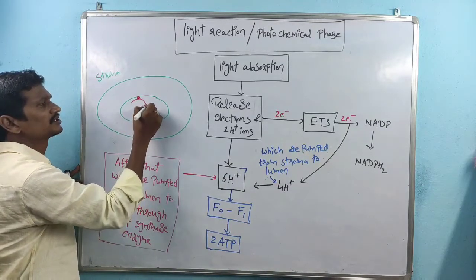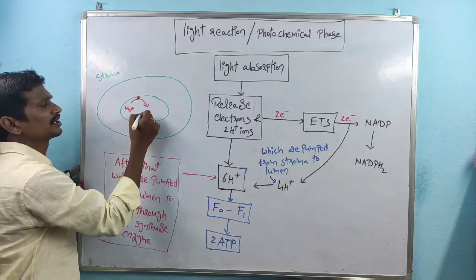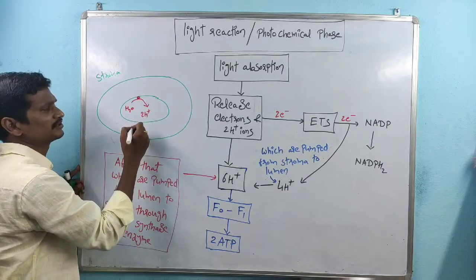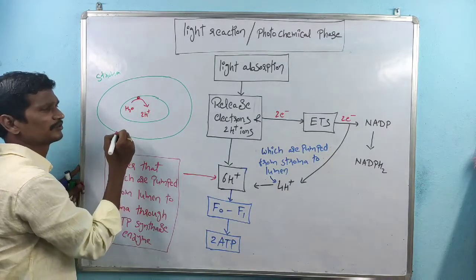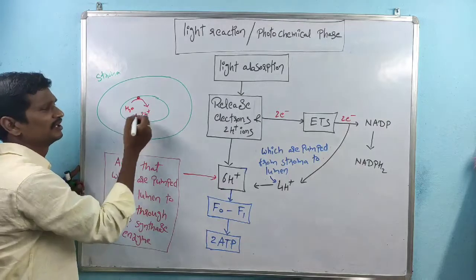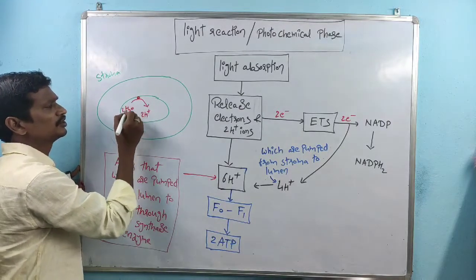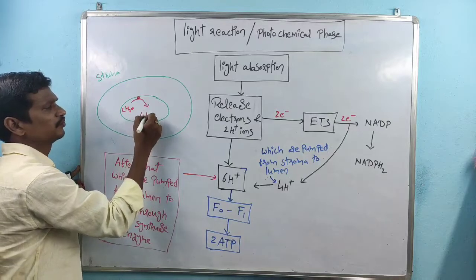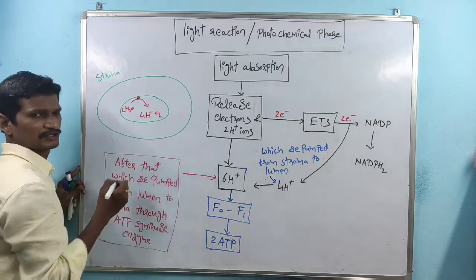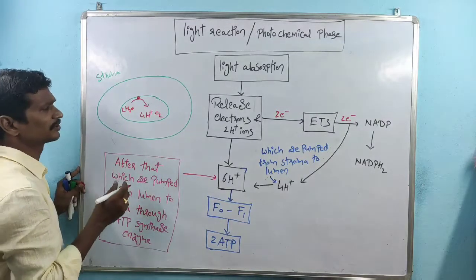During the photolysis of water, H2O is converted into H plus ions, an oxygen molecule, and electrons. So 2H2O gives 4H plus ions and O2 production.